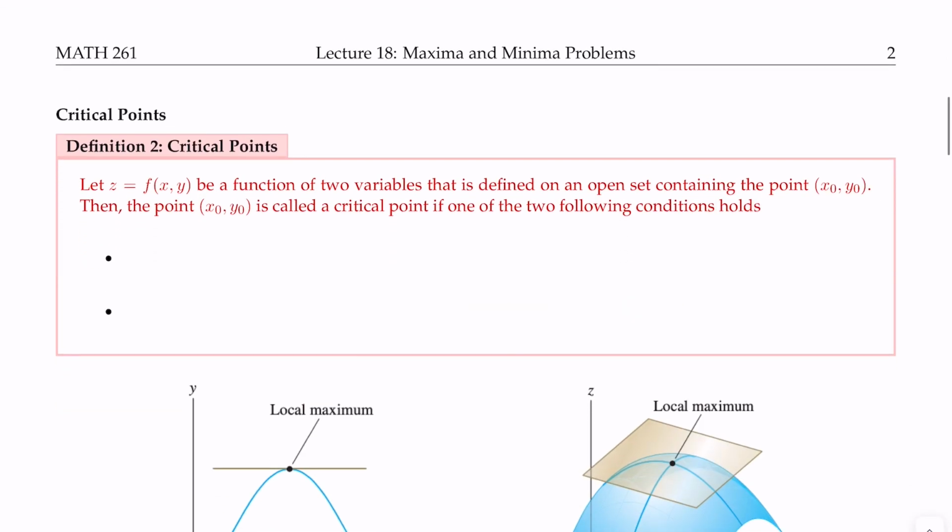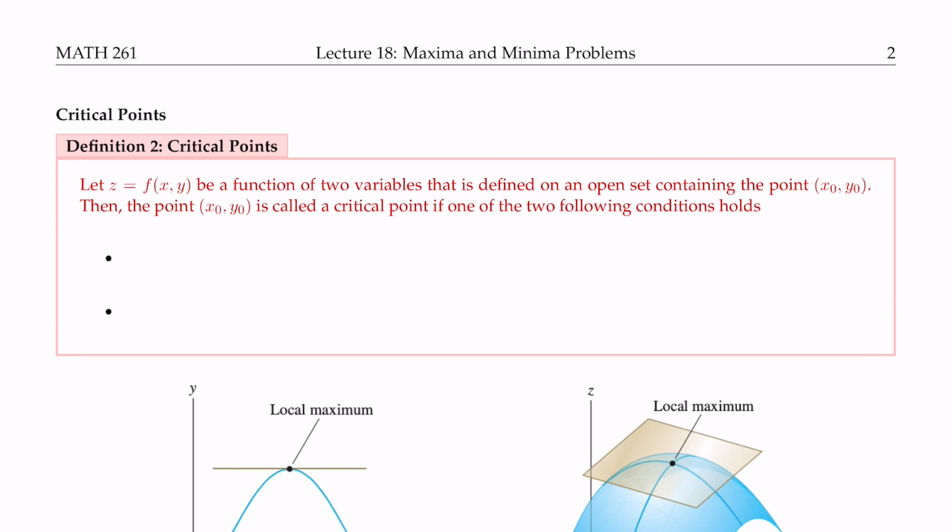Now let's move on to a different definition. In this definition, we're going to consider critical points or critical numbers. Let z equal f of x, y be a function of two variables that is defined on an open set containing the point x0, y0. Then the point x0, y0 is called a critical point if one of the following conditions holds.